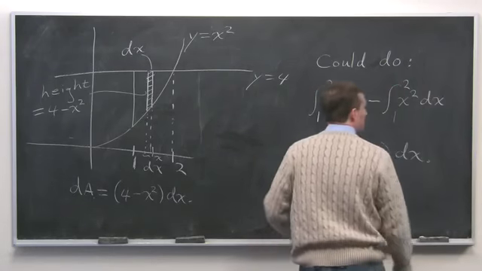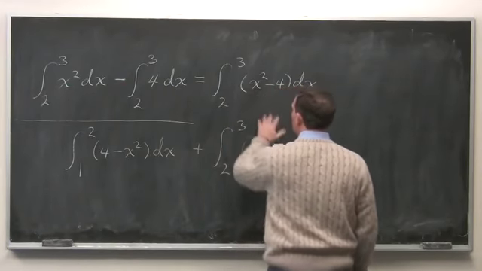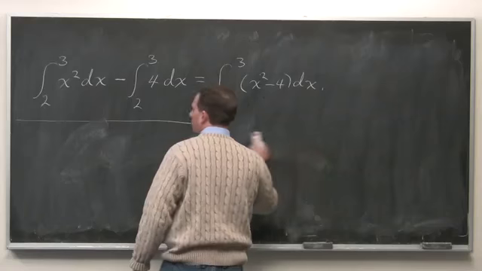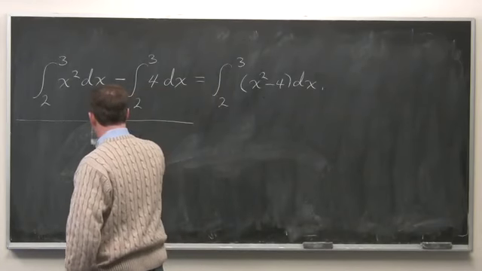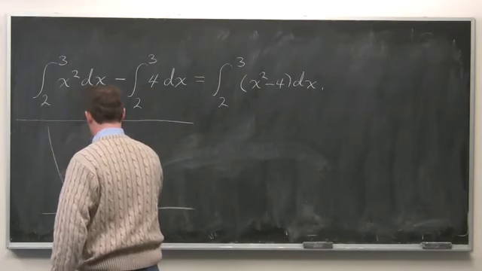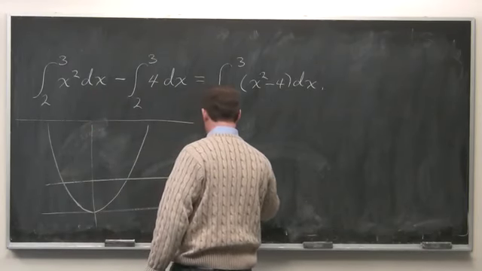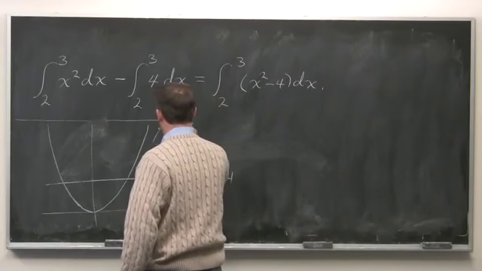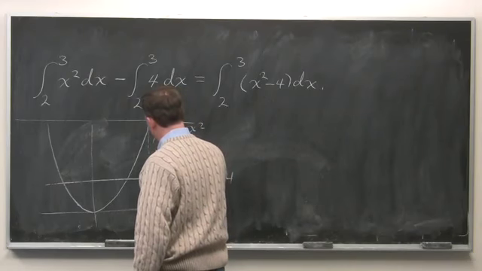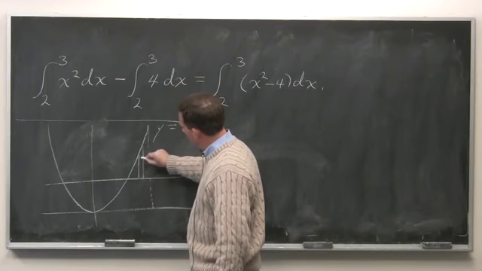On the other piece of the integral, you do the analogous thing. The curve y equals x squared has passed above the line, but still, over here, you take an infinitesimal little rectangle.